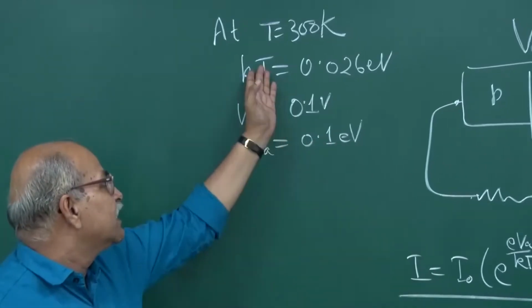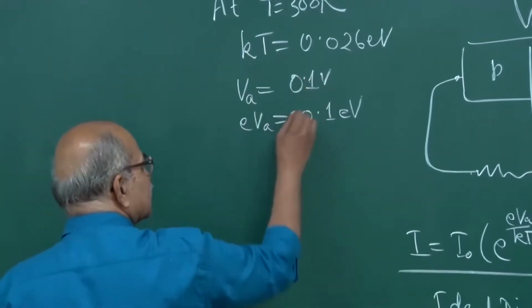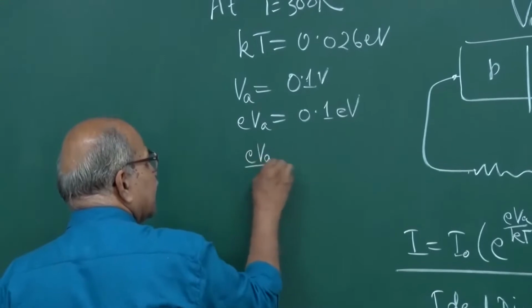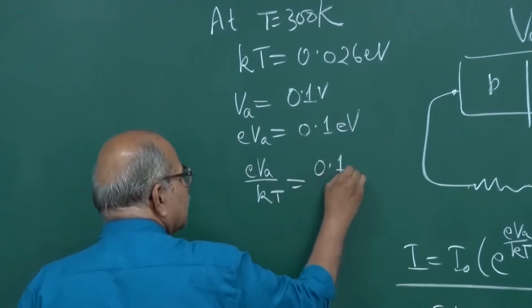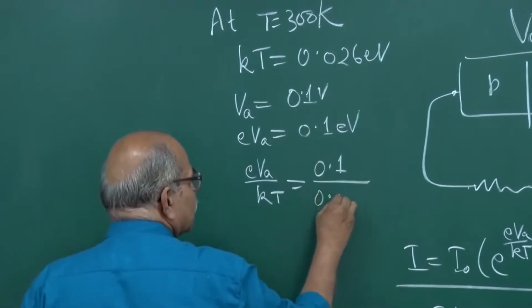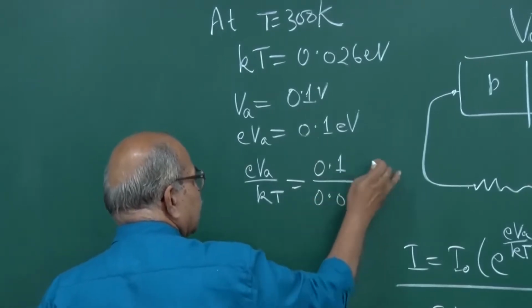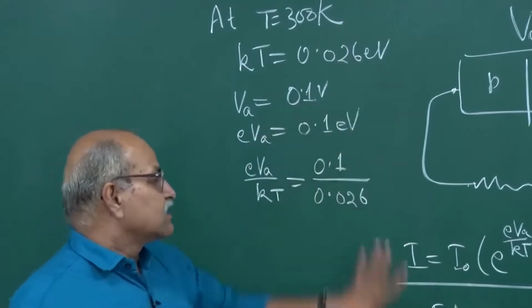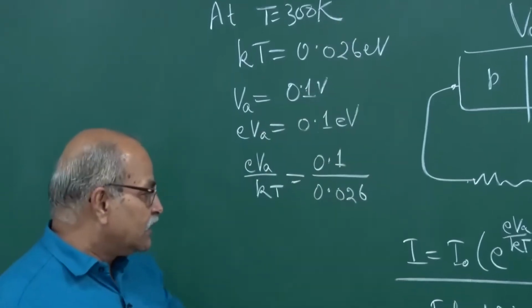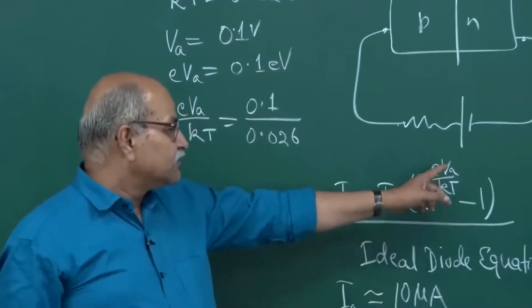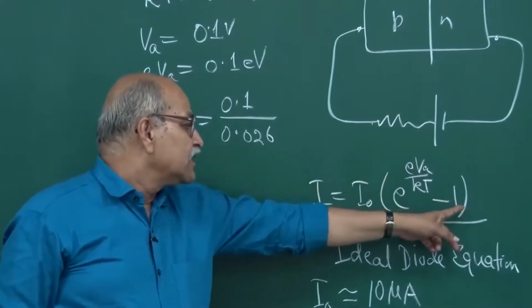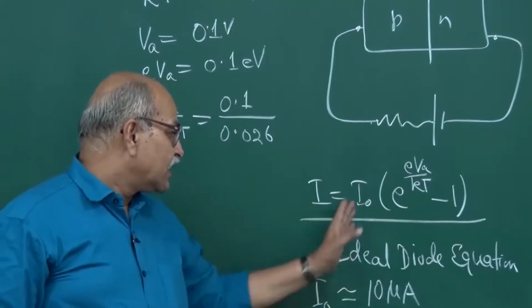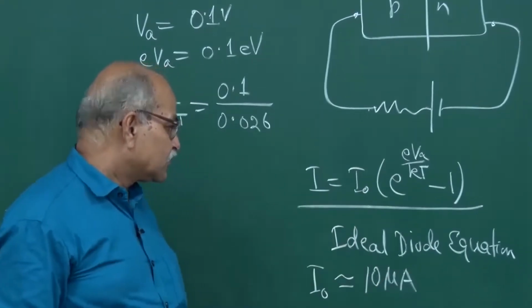So eV by kT, for example in this case, will be just 0.1 divided by 0.026, and the eV cancels out. So one can evaluate this number once the applied voltage is chosen, and then you can calculate this whole thing taking I naught say 10 microampere or so.